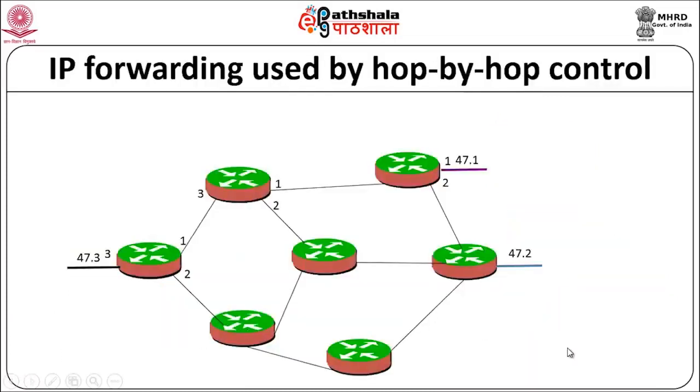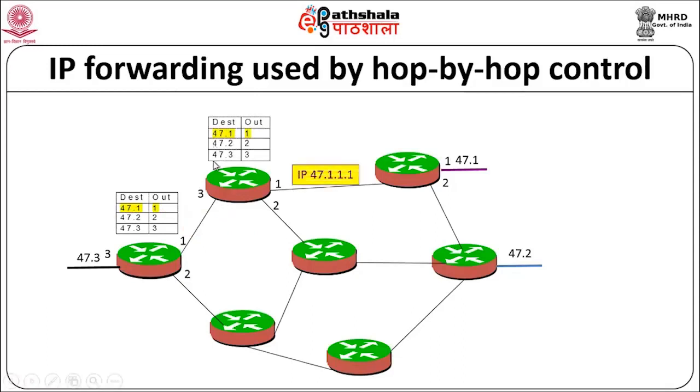To take an example, let's look at IP based forwarding used by hop by hop control. So what will happen? Essentially, if a packet is meant for 47.1.1, by looking at the output interface that's there in the table, it will be sent on that particular interface. Again a table lookup will be done, and the packet is sent on the corresponding interface.